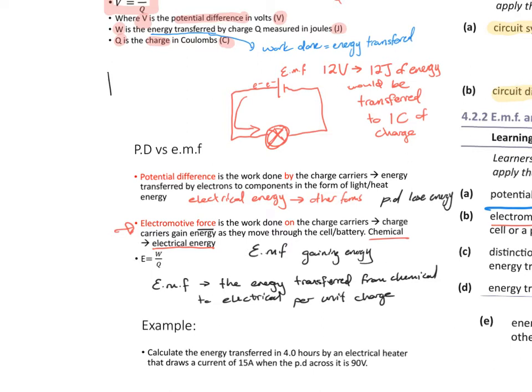If I placed a voltmeter, and this is how we measure voltage, we have to place the voltmeter parallel to the component. So if this was a cell that had 6 volts, I will get a reading of 6 volts here.